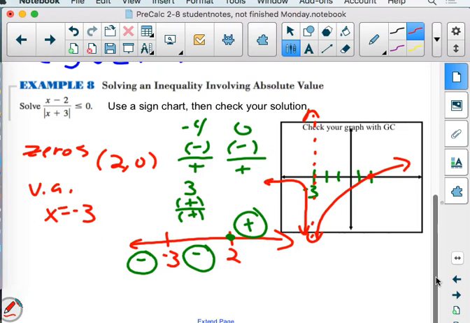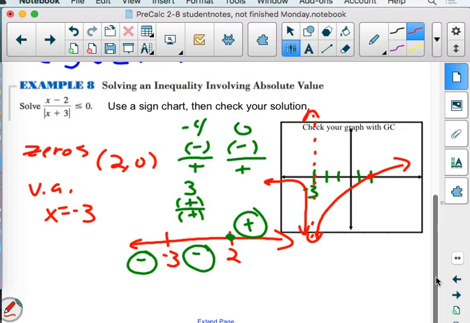Not so much that it's going to be a horizontal asymptote, as I know the sign is guaranteed to be negative. So it's a sketch. Yeah, with this, we haven't really covered how you get the horizontal asymptotes and all that kind of mess with absolute value. So we just use this sketch.